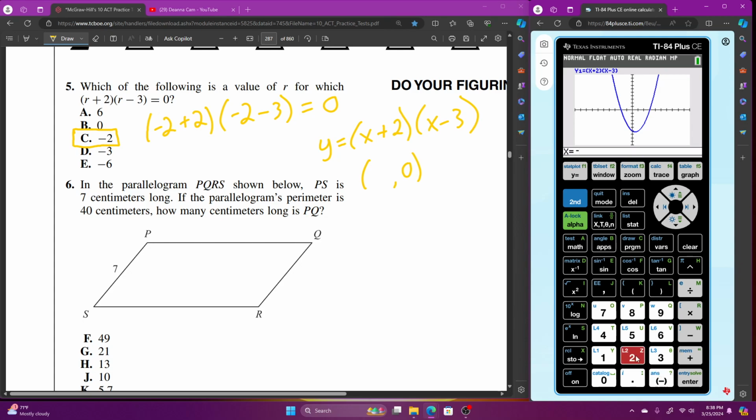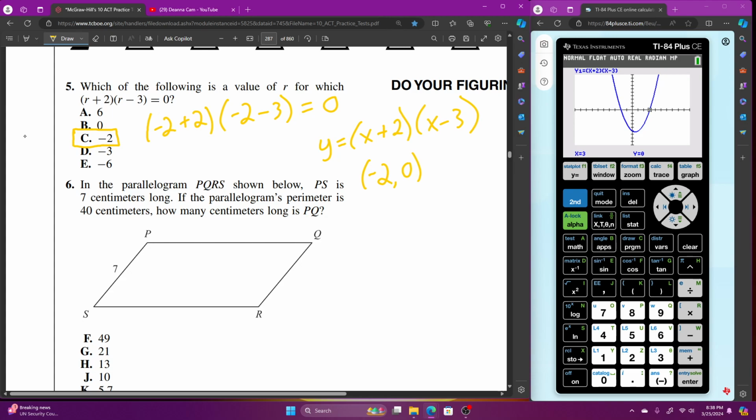When x is -2, our y is 0. And another correct answer you can see on the graph here would be when x is positive 3, y is also 0, but positive 3 was not an option because, of course, 3 minus 3 is also equal to 0. So that's 2 ways to solve a question like this.